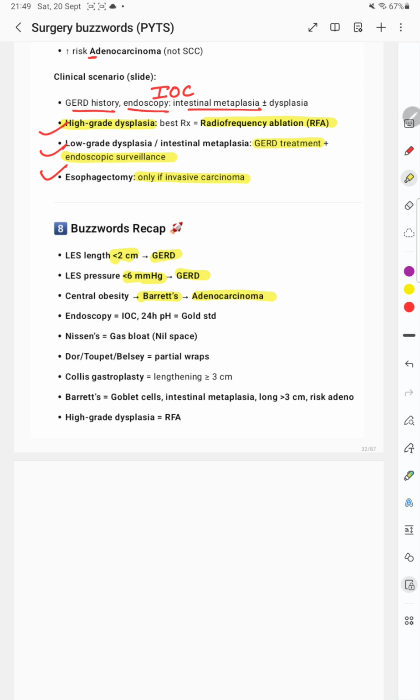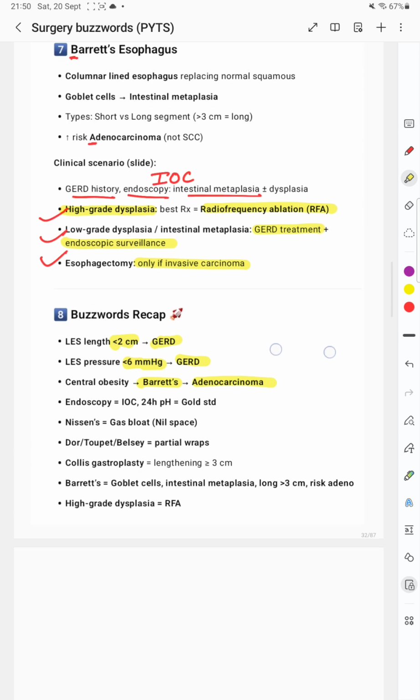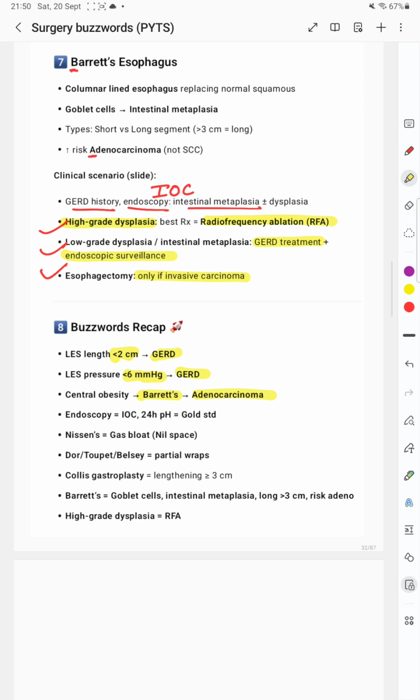The investigation of choice is endoscopy, for GERD and for Barrett's, where we can see intestinal metaplasia. The gold standard is the 24-hour pH study, gold, GERD, 24 carat, 24 hours. Nissen is like nil space.